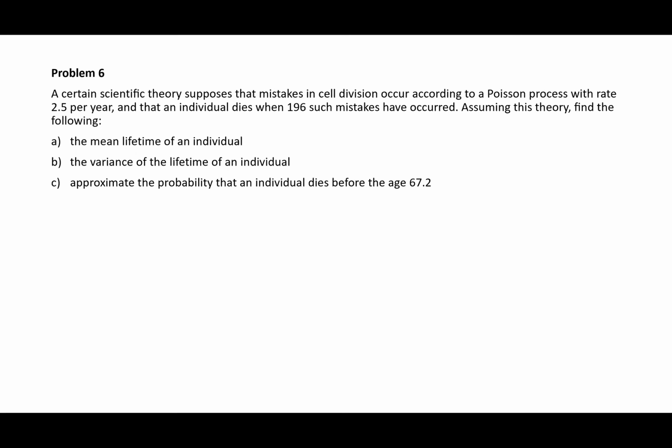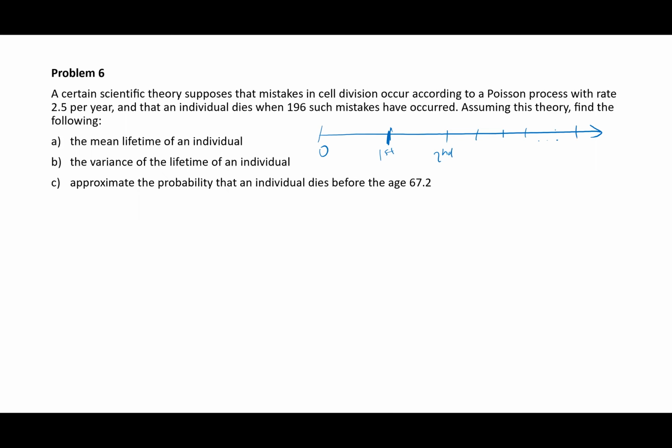So this theory assumes that your life is basically defined by when your body makes 196 mistakes, and that's when you die. Right? So if you start from 0, your body will make the first mistake at some time from birth. That's the first mistake, and then you make the second mistake, and then third, fourth, and on.